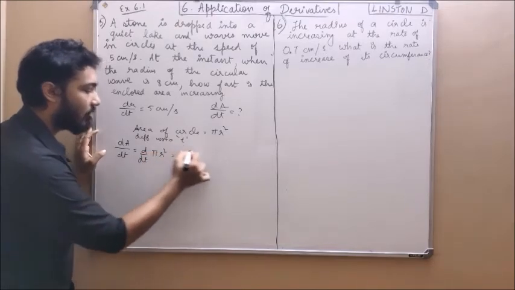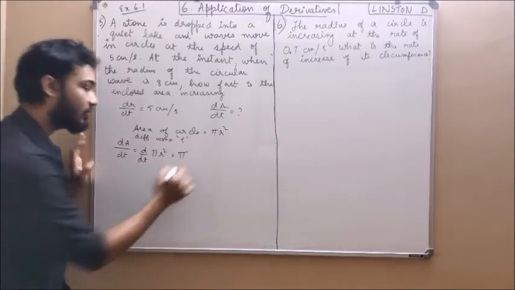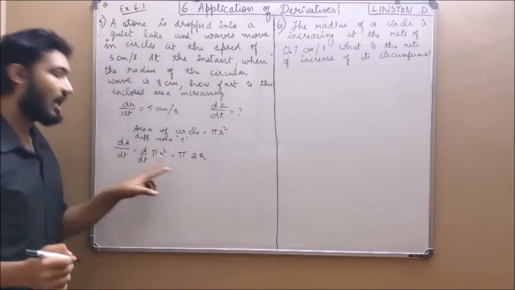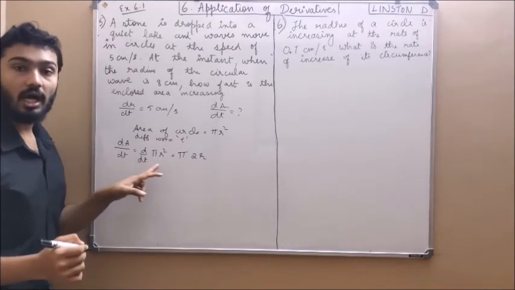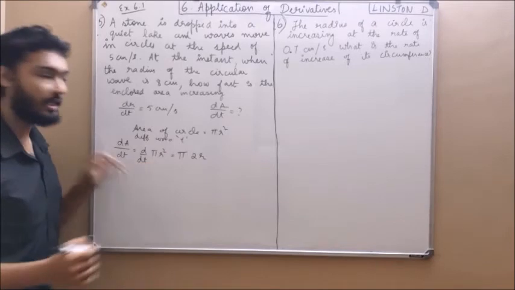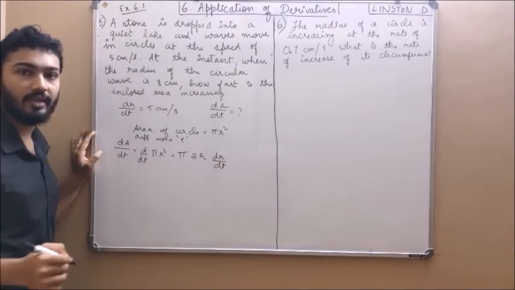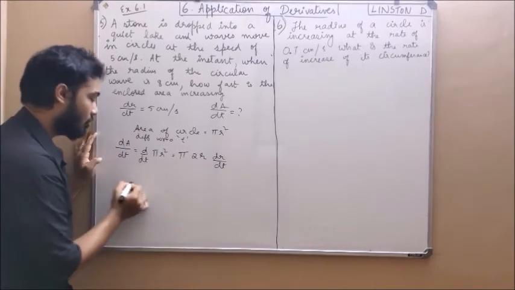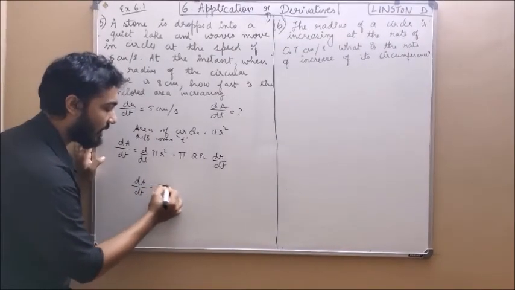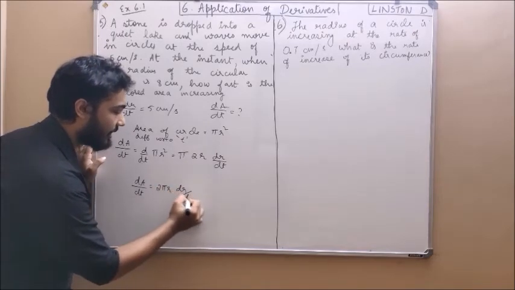Pi is a constant, taken out. Differentiation of r square is 2r. Here r and t are different variables, r is dependent on t, so into dr by dt. So dA by dt is 2 pi r dr by dt.